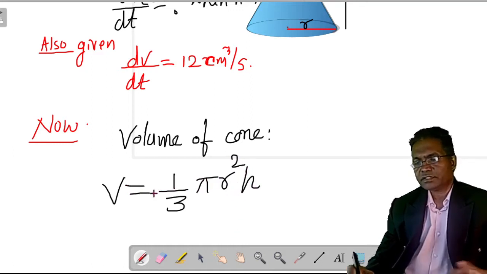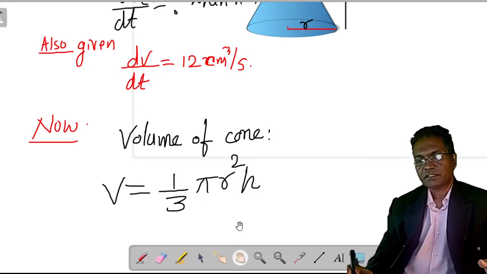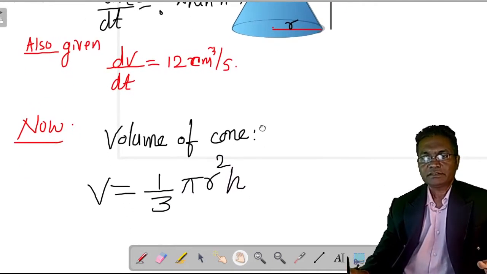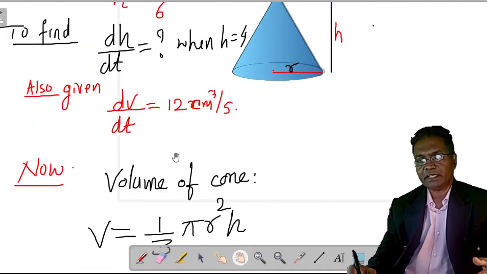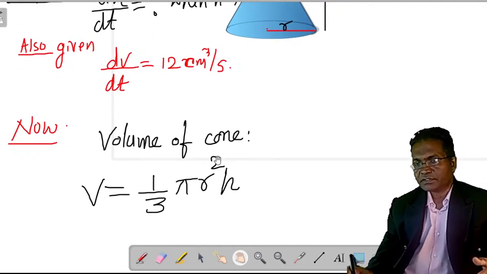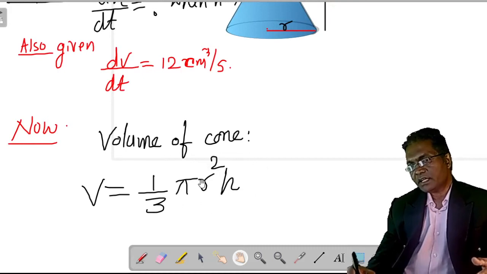If you don't know this, you can't do this. Now we want dh by dt, so you need to convert the right hand side in terms of h.